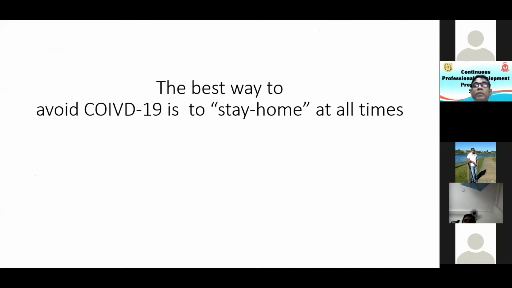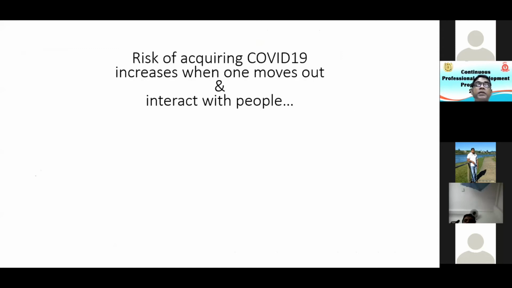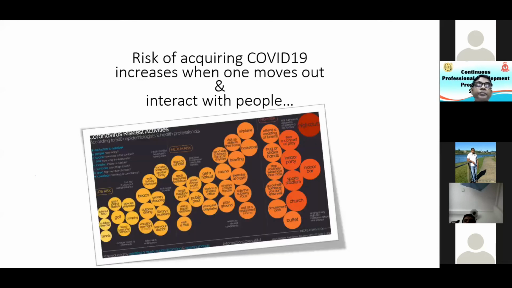But we know in practice, it is very difficult to stay home at all times because of the commitments that we have. So once you move out from home, once you increase the interactions, the chances of infection will increase.